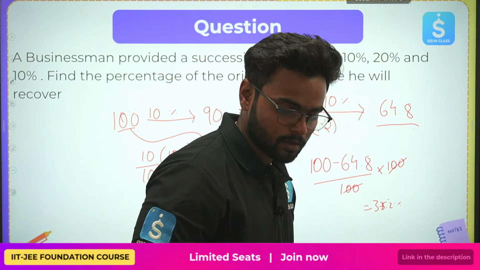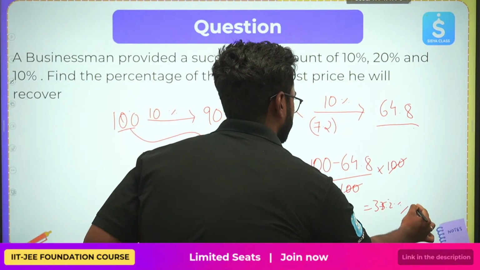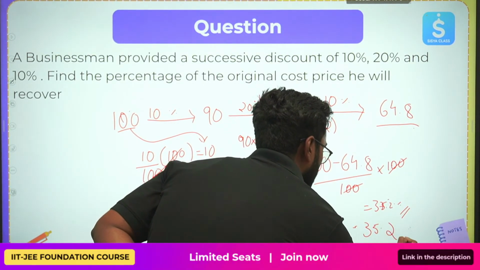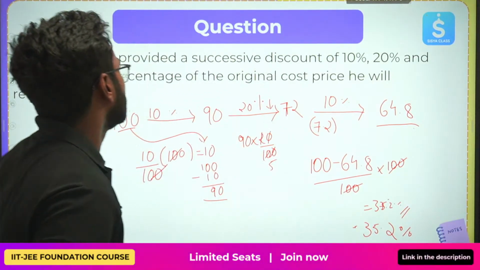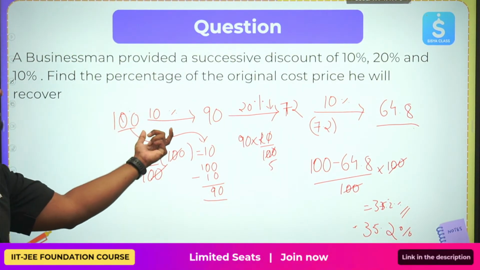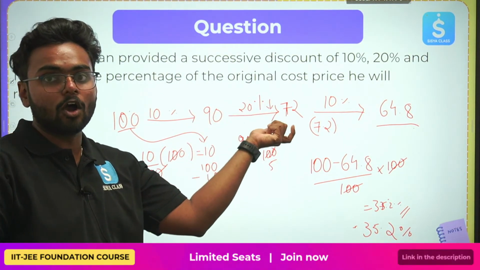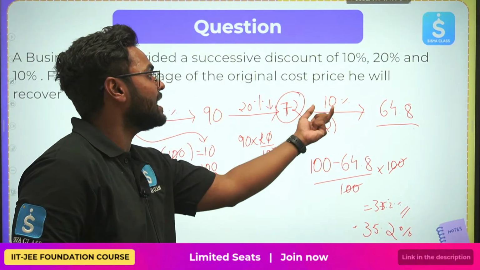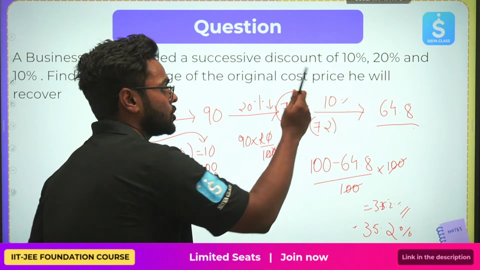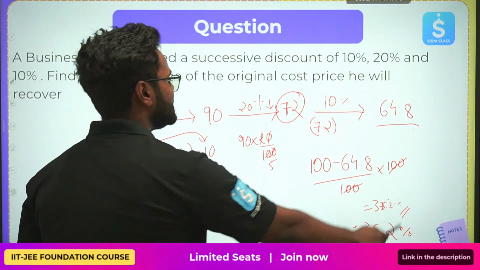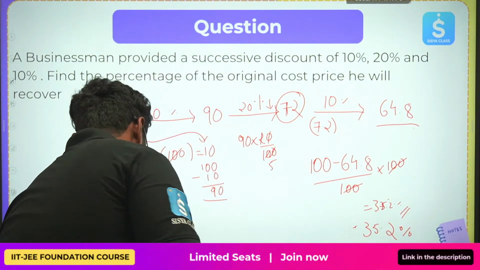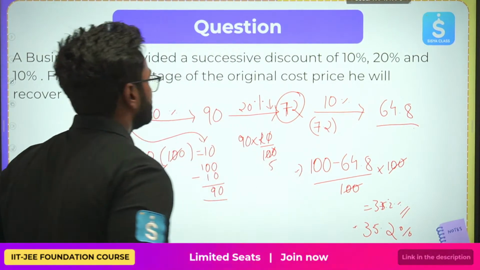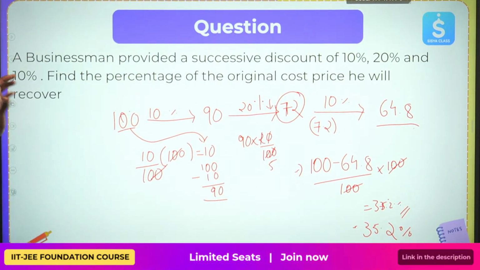Okay. Yeah, 35.2. Understood? The first discount he got was 10%, which became 90, and then he got 20%, which became 72, and finally he received again a 10% discount of 7.2 rupees. So the percentage change would be original minus final upon original. Got it? Right. Let's proceed.